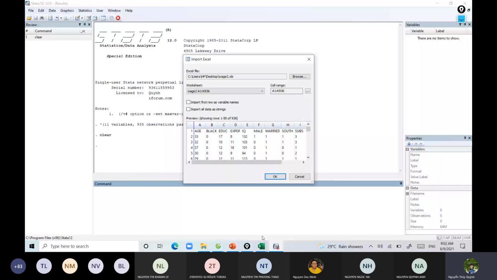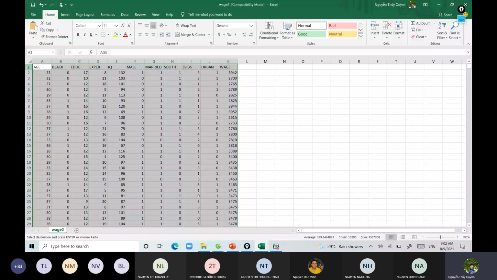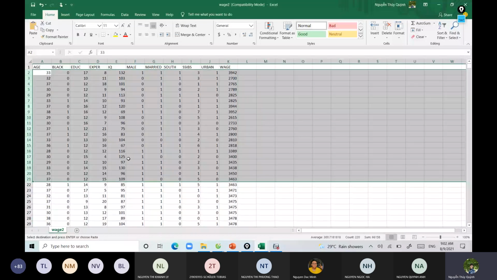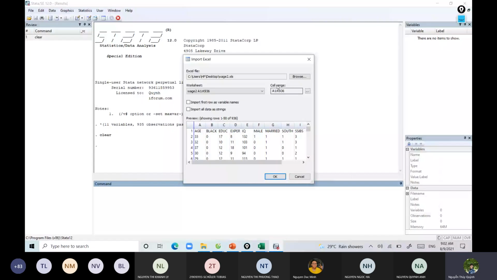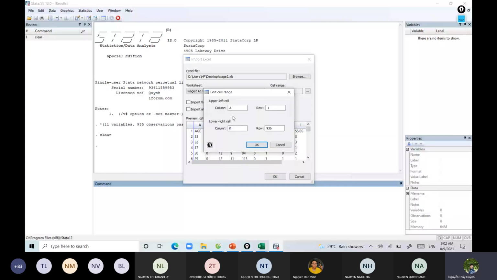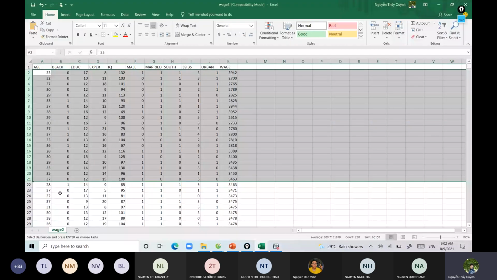So I will choose the range from here to here. You can change the cell range here from column A row 1 to column C row 21, for example, if you want to choose the first 20 observations, and then click OK.